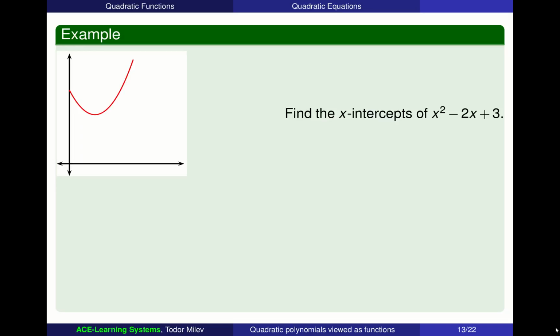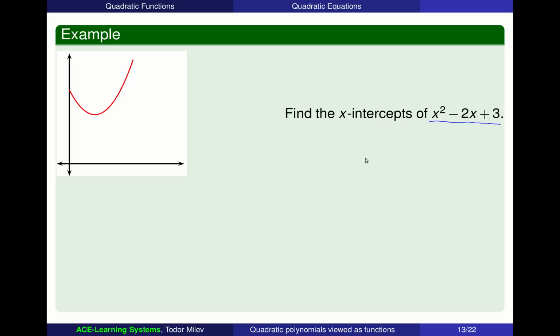In this example, we're going to do our last basic application of the quadratic formula. Again, we have a problem formulated the exact same way. Find the x-intercepts of x squared minus 2x plus 3.